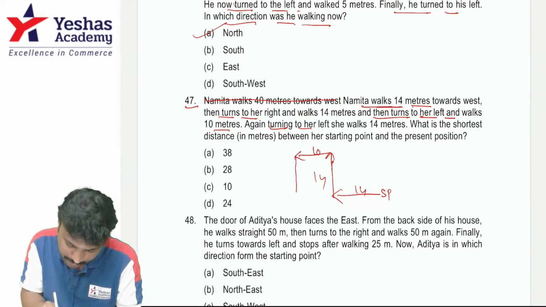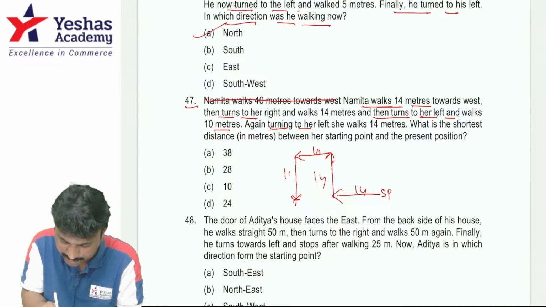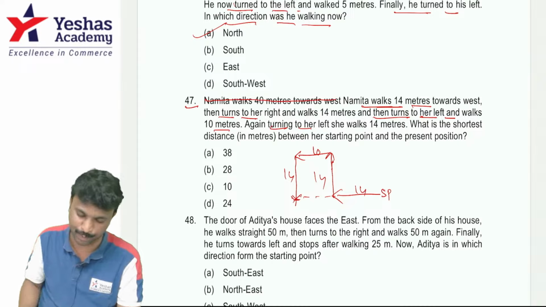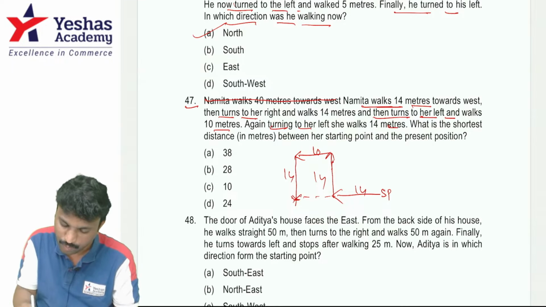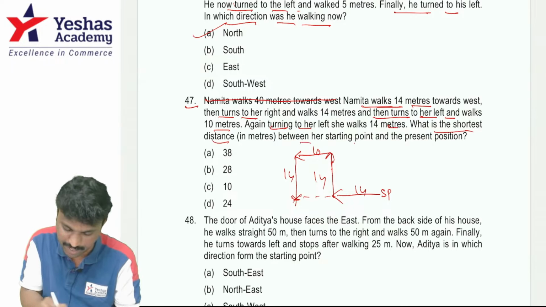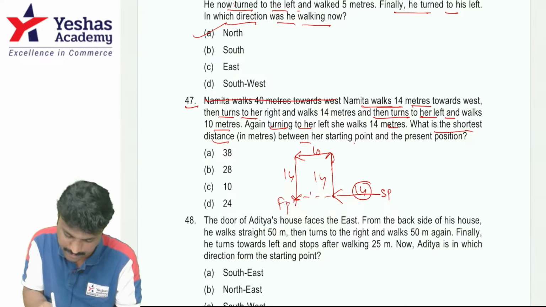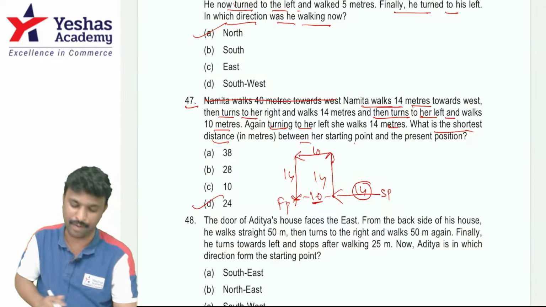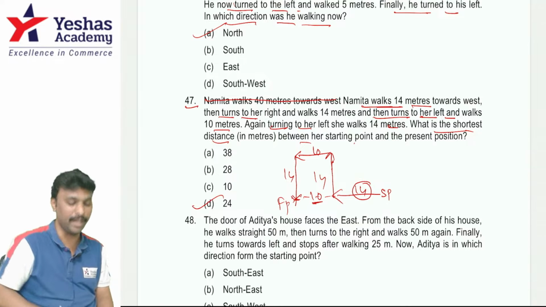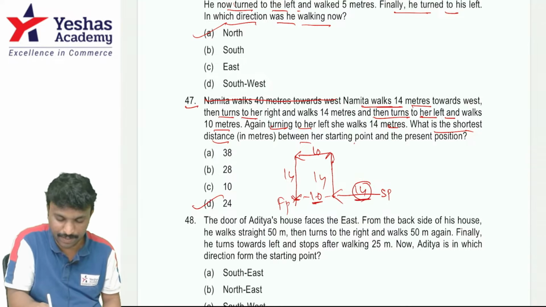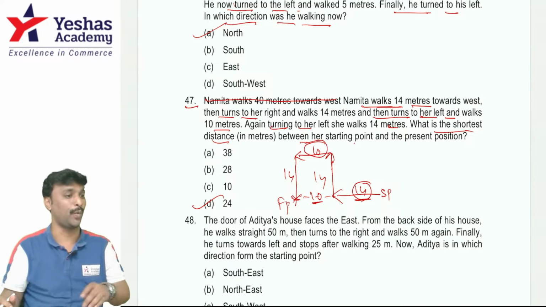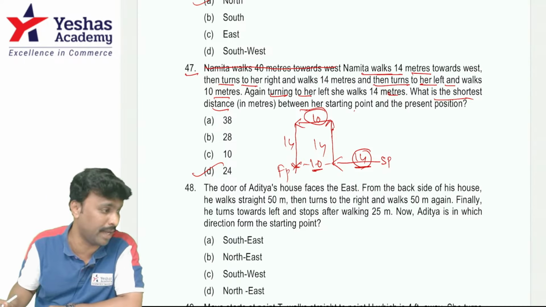How many meters? 14 meters. Right? So 14 meters means definitely exactly in line with the starting position. What is the shortest distance between the starting point and the final point? Shortest distance is 14 plus 10, which is 24 meters. You understood? 14 horizontal distance it is. 14 plus 10, how much it is? 24 meters. Is that clear, everybody?